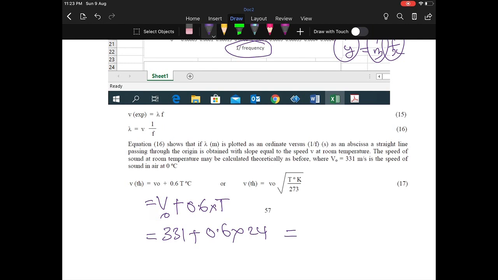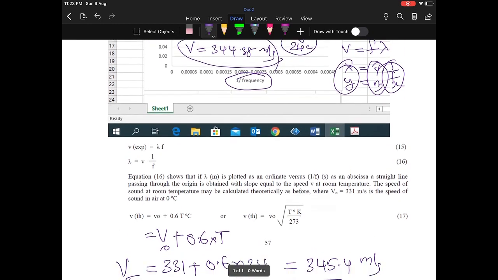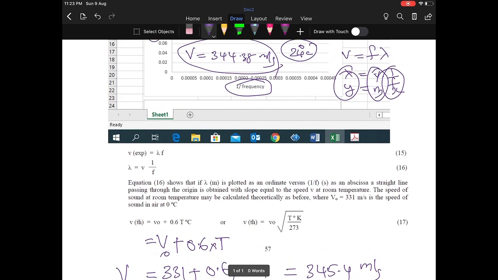When we do the calculation, we get 345.4 meter per second. So the theoretical value and the experimental value are very, very close.